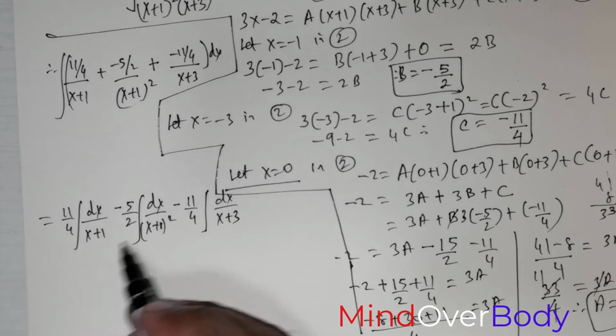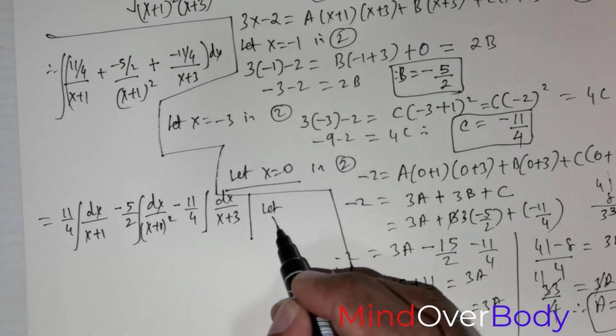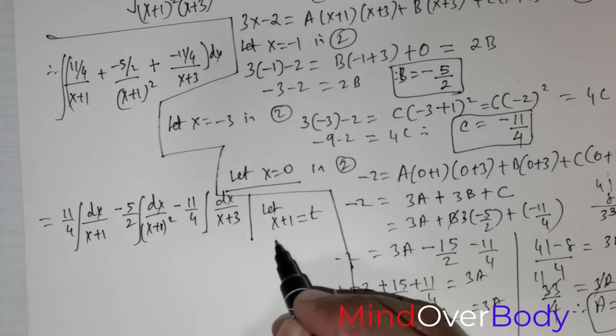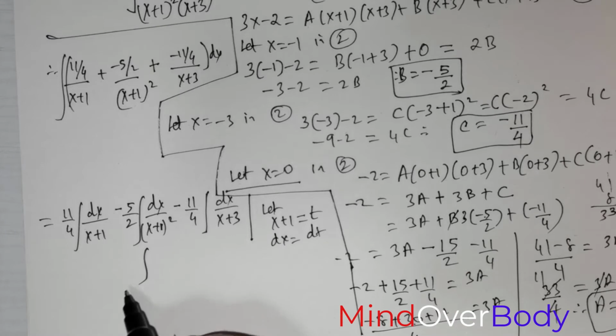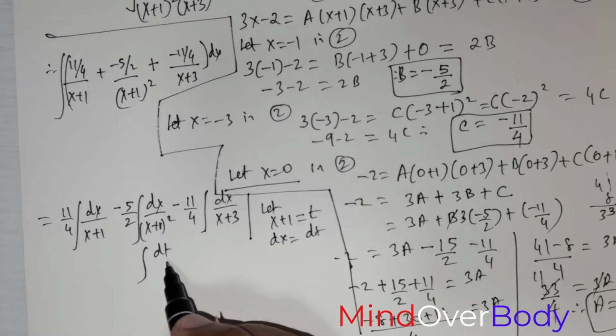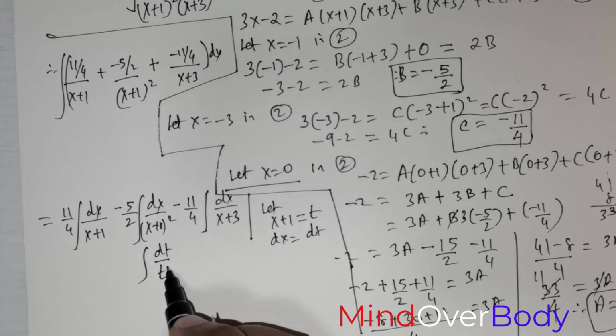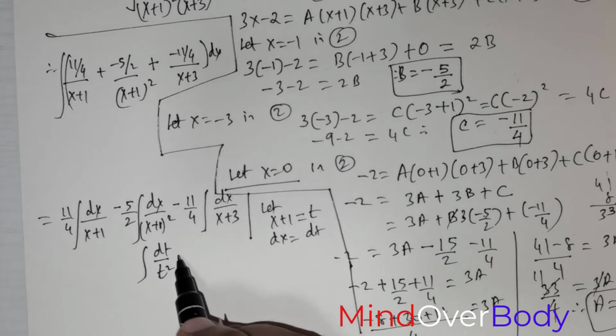Now this we know. For this, let me just consider, let x plus 1 be equal to t. So dx is equal to dt. So this is going to be the integral, in place of dx I substitute dt, in place of x plus 1 it's going to be t squared. I'm not placing the constant as yet. This is just a simplification part which is shown for the viewer's understanding.